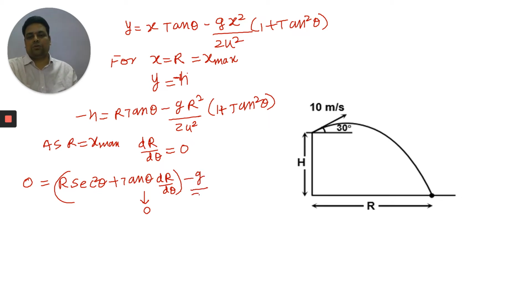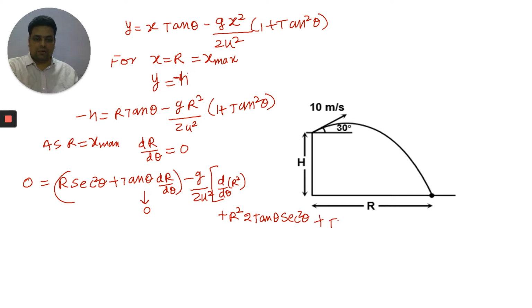Minus g by 2u square I write outside. And then we have d by d theta of r square, which is 0, plus r square tan square theta. That will become r square into 2 tan theta, and the differentiation of tan theta gives me secant square theta. Plus in the other part I will have tan square theta into d by d theta of r square, that will be 0.